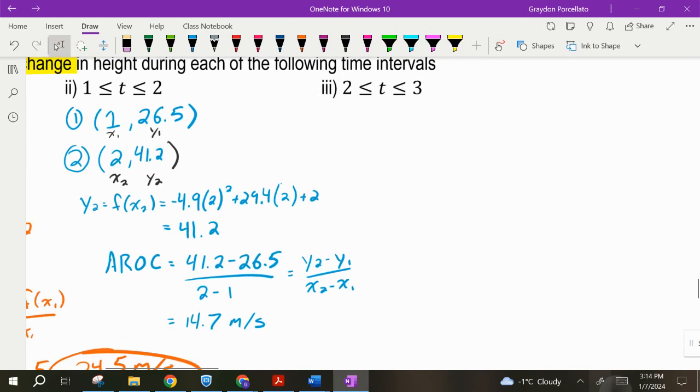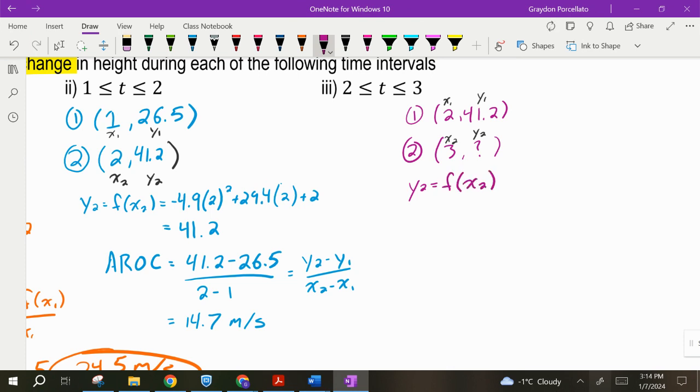Now my first coordinate is going to be, well, when t is 2, my y we just calculated is 41.2. And for my second coordinate, when t is 3, what is this coordinate? Well, we're going to calculate that. So again, I know my x1, I know my y1, I know my x2, I just need my y2. So y2 equals f at x2.